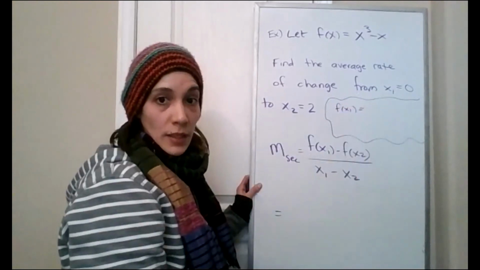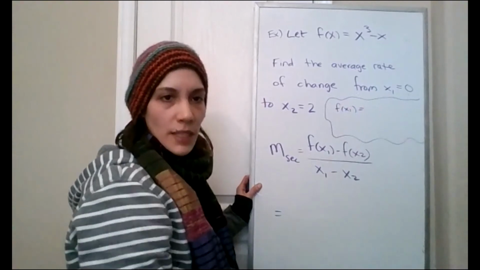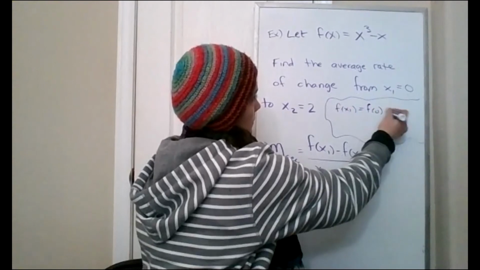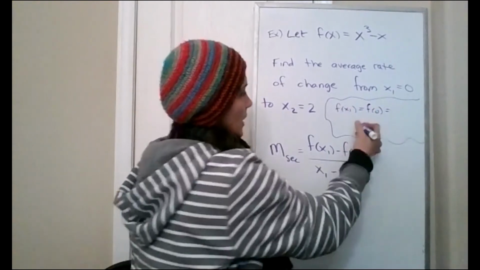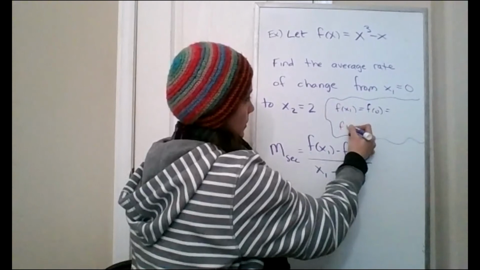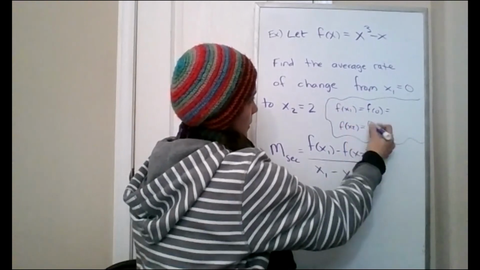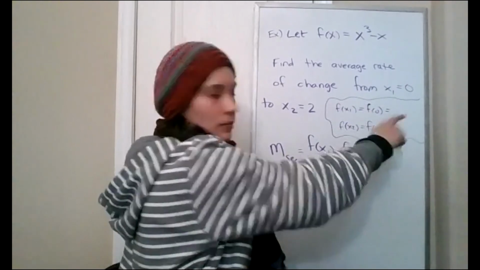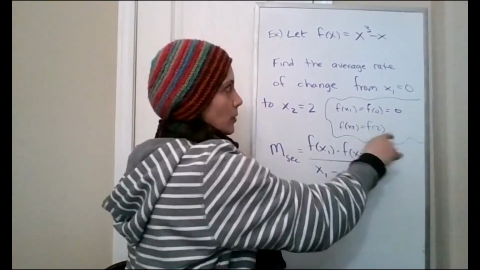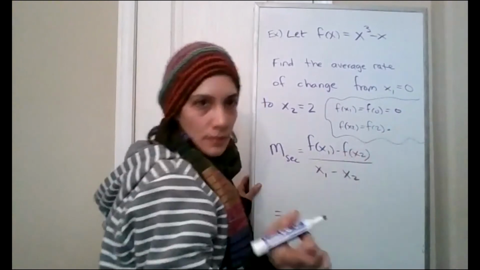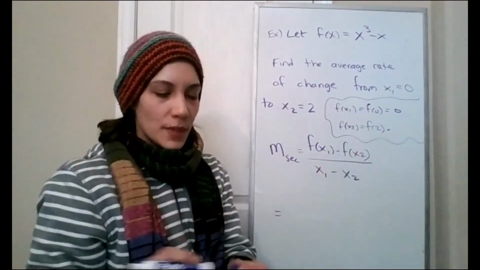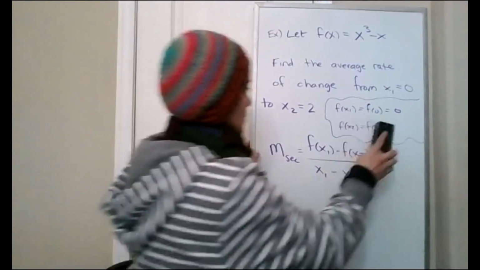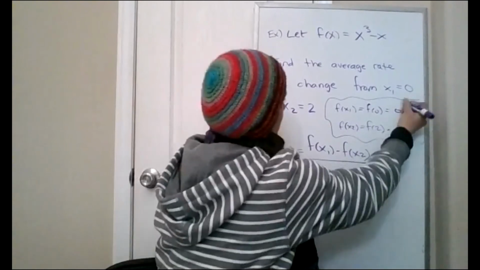If you plug in x1, you put in 0. Oh, nice. Someone got 3. Oh, is that for f(x2)? Oh, so when I put in 0, I'm going to get out 0 minus 0, which is 0. When I put in 2, 8 minus 2 is... feeling like I want more work.